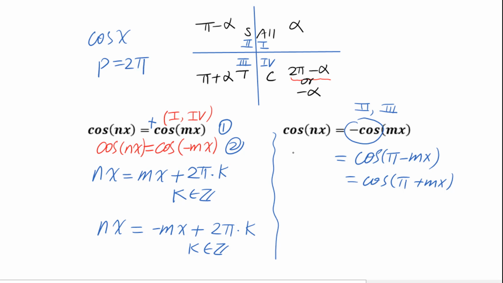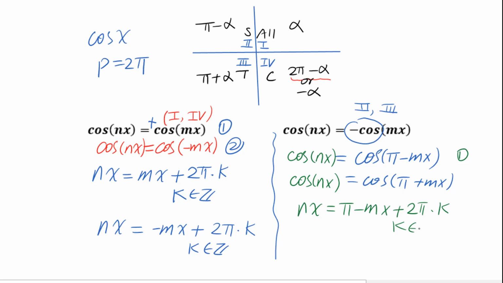In other words, we have cosine nx equals cosine pi minus mx or cosine nx equals cosine pi plus mx. For the first equation, we have nx equals pi minus mx plus 2 pi times k. K is all integers. For the second equation, we can set up nx equals pi plus mx plus 2 pi times k. K is all integers.